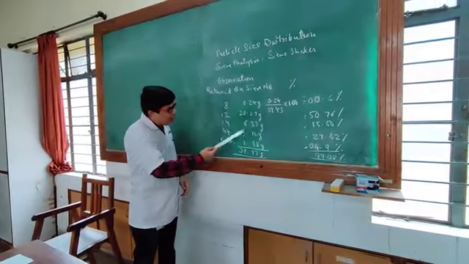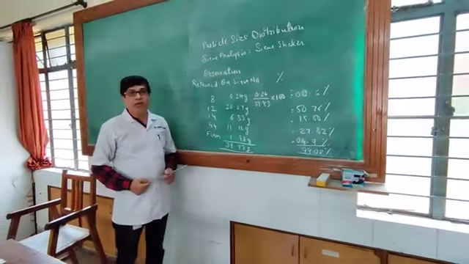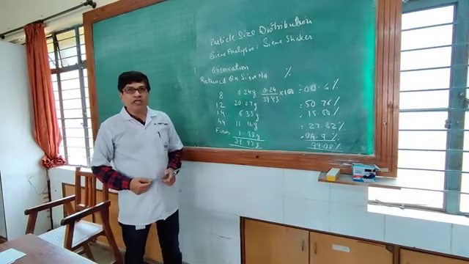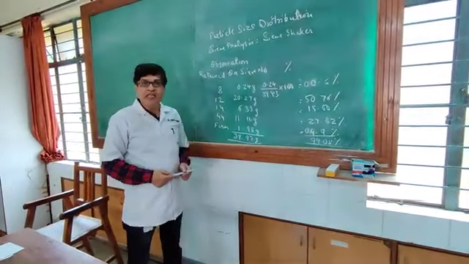If we take the summation of this, we get 39.93 grams. So out of 39.93 grams, these are the granules that were retained on different sieves.